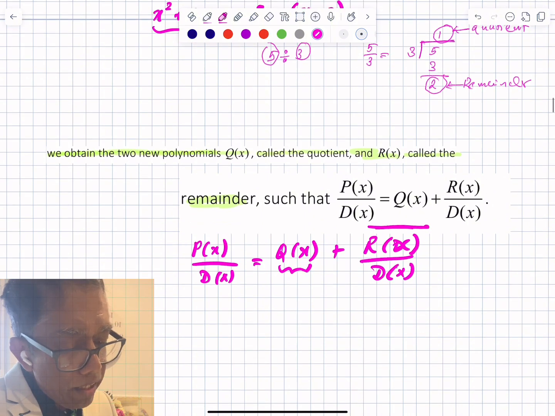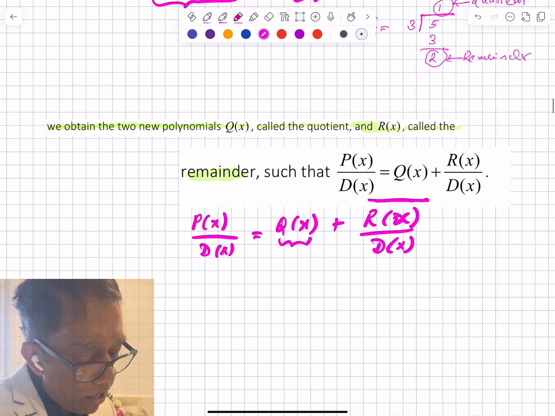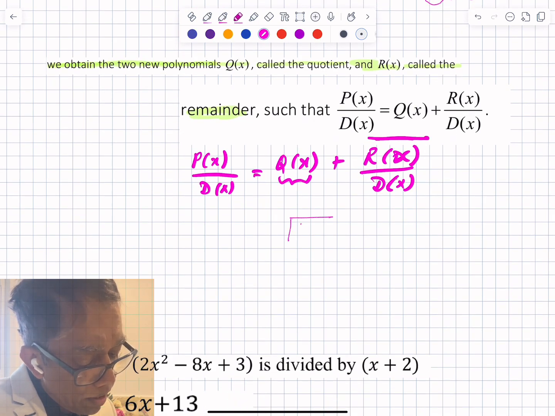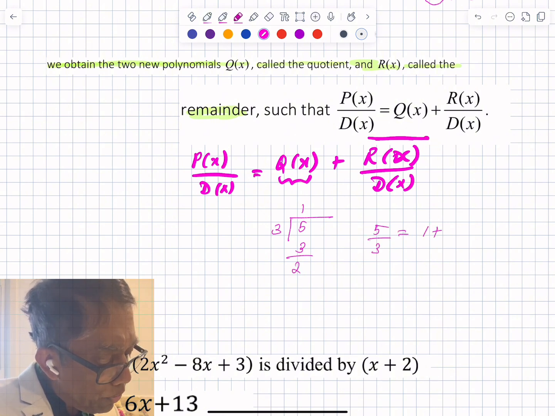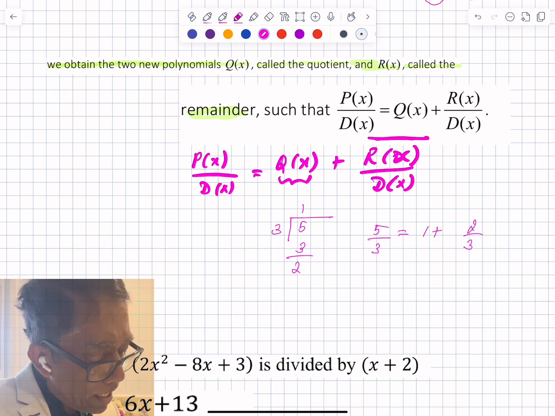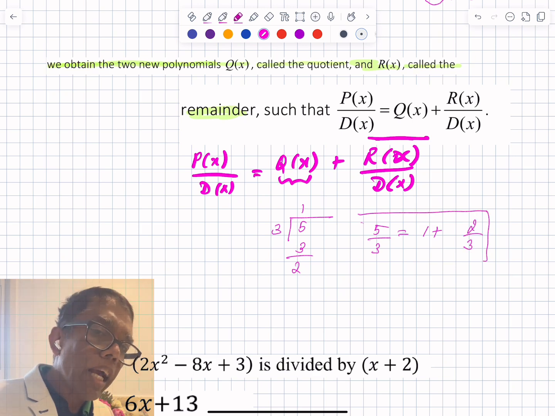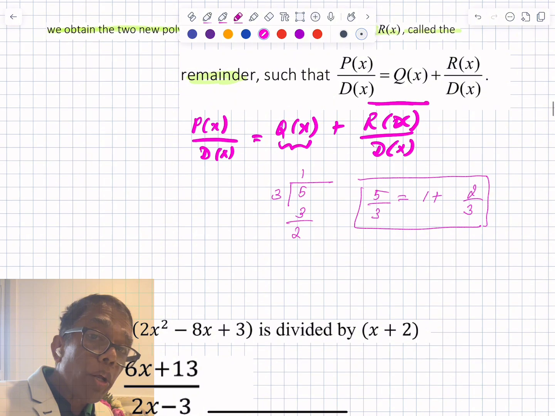It's similar here. We have divided 5 by 3: 1 times 3, remainder 2. That means 5 divided by 3 can be written as 1 plus 2 over 3. The left hand side is equal to the right hand side. It's similar to polynomials.